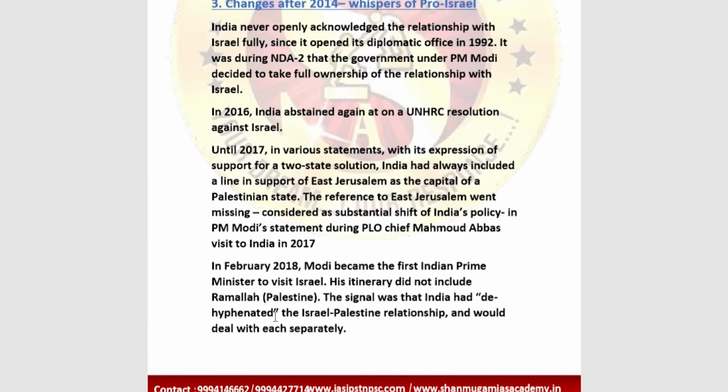And in PM Modi's statement during PLO chief Mahmoud Abbas's visit in 2017, what happened? In 2018, Modi became the first Indian Prime Minister to visit Israel. But what is the backdrop? His itinerary did not include Ramallah, that is Palestine.